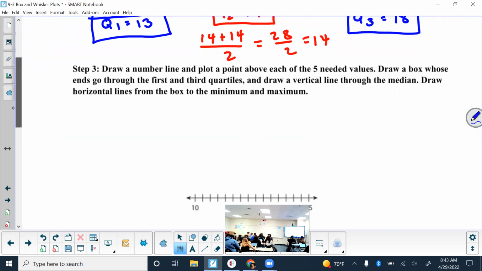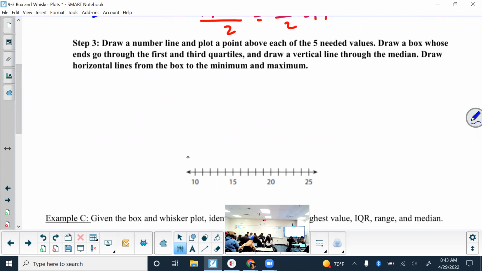to make a number line. This paper already has one printed for you. Notice, so let me recopy my needed values over here. All right, but notice, does the number line start before my minimum? Yes, it starts at 10. That's good. Does it have numbers after my maximum?